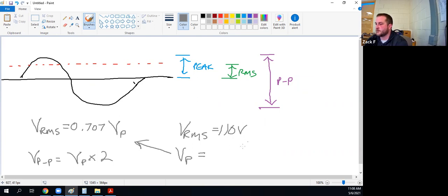Using this formula, V peak times 0.707 is VRMS. If you solve for V peak by dividing by 0.707 on both sides, you get VRMS divided by 0.707. Correct? So what does that give us?